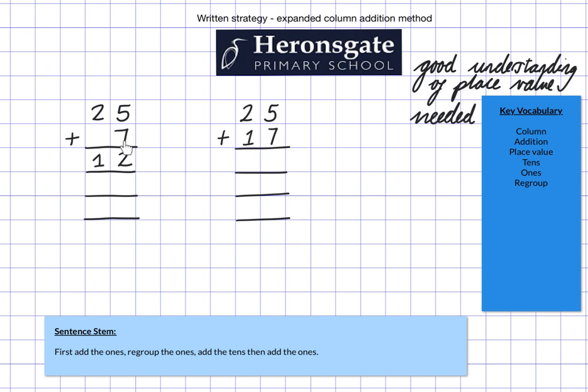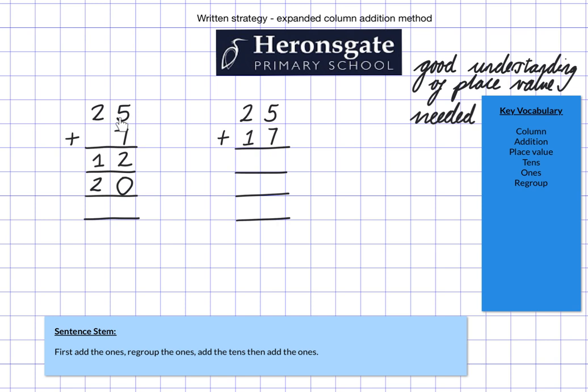Now that I've added the ones, I'm going to add the tens. So I've got 2 tens, add 0 tens. That makes 20. So I'm going to put my 2 and my 0 here to show that that makes 20.